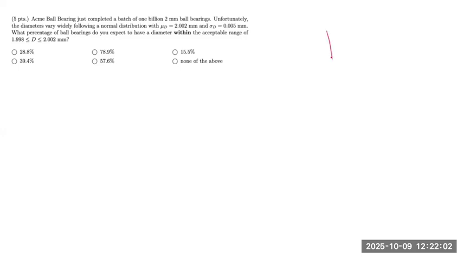So the population size is 1 billion, and the mean is at 2.002 millimeters. And the standard deviation is 0.005 millimeters. So the normal distribution, I know it looks bad, but it looks like that.